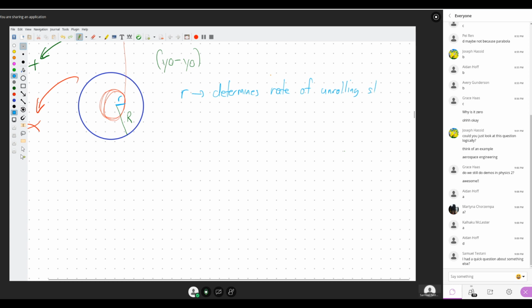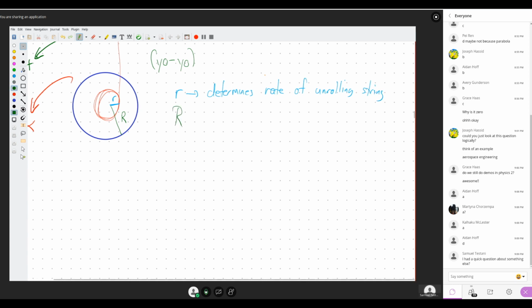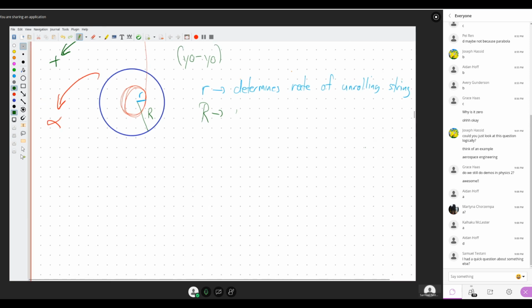For the folks on YouTube, let me just write this out. That's the rate of unrolling string, and big R determines how hard it is to turn. So which one is relevant for v equals omega r?